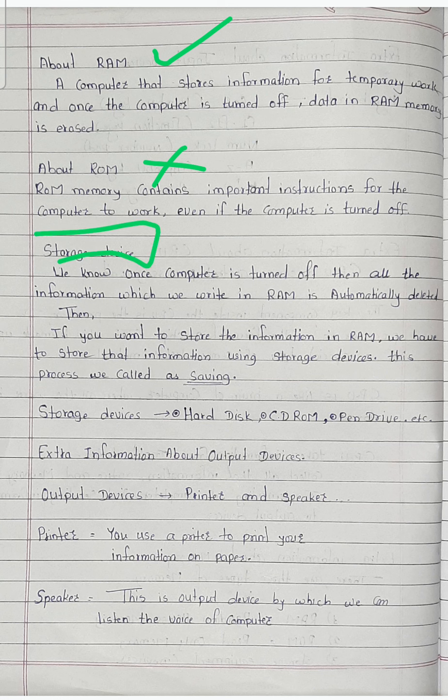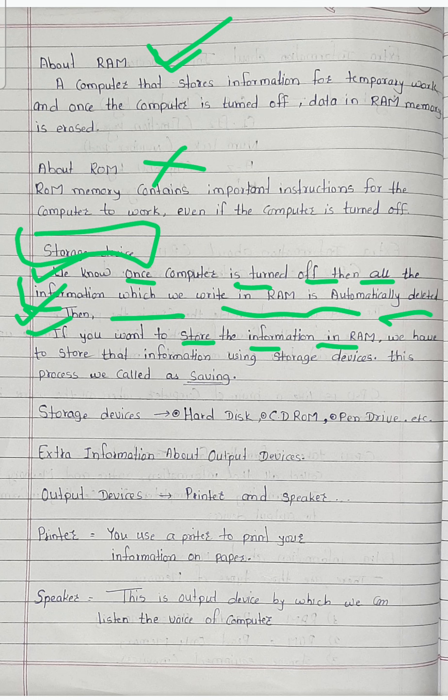Then the third one is the storage devices. We know that once the computer is turned off, all the information which we write in RAM, like in a calculator, is automatically deleted. If you want to keep that information, you have to store it using storage devices.